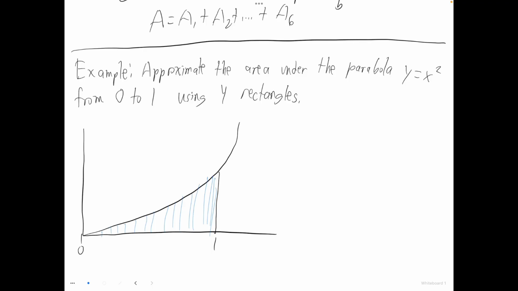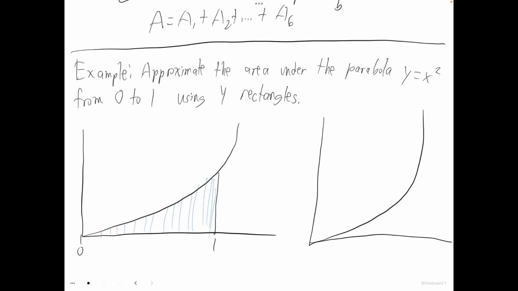The way we're going to do it is use 4 rectangles. We're going to first take this region and break it up into 4 strips. So we have 0 here, 1/4 here, 1/2, 3/4, and then 1. We're just going to break it up into these 4 strips. So we have S1, S2, S3, and S4.